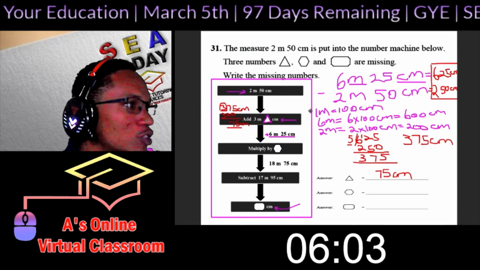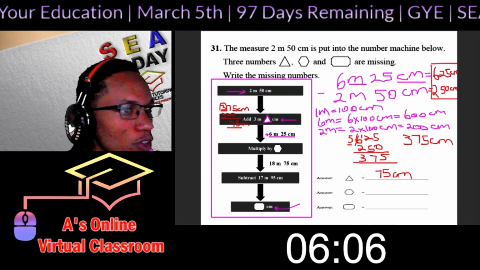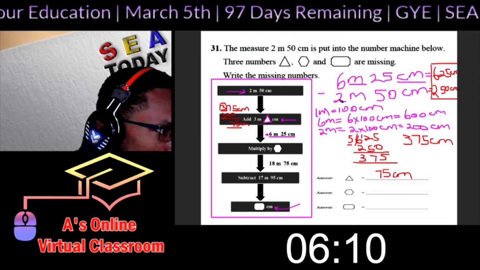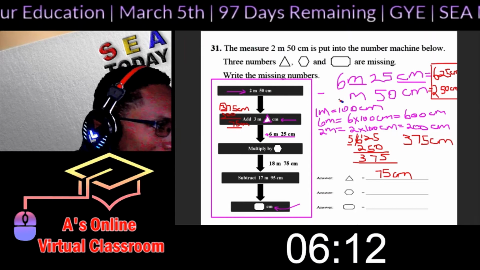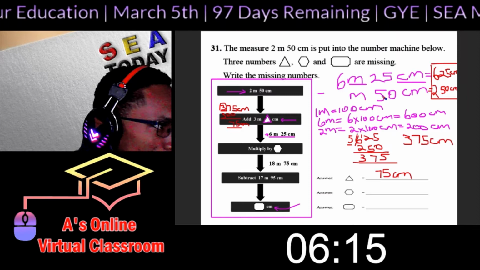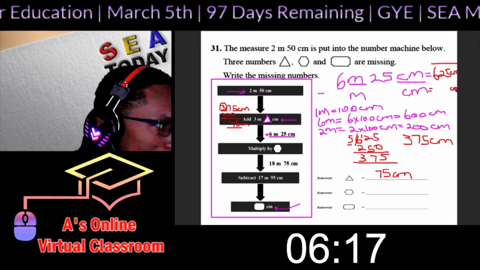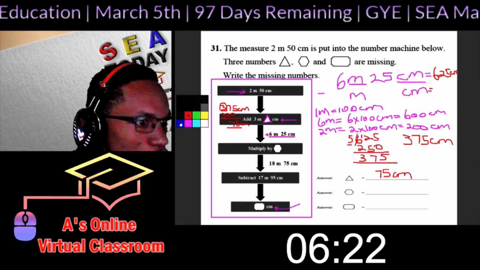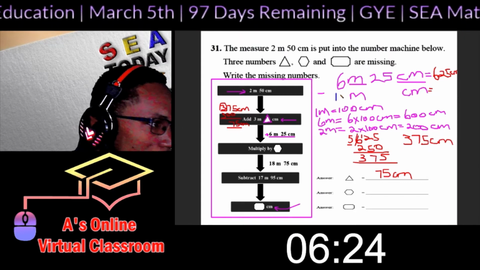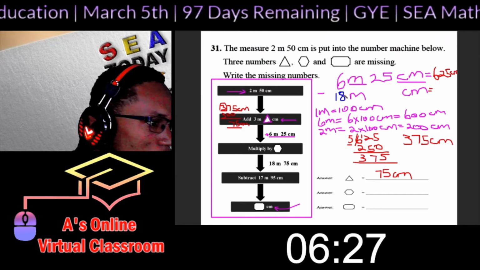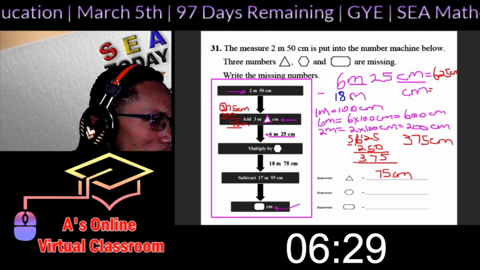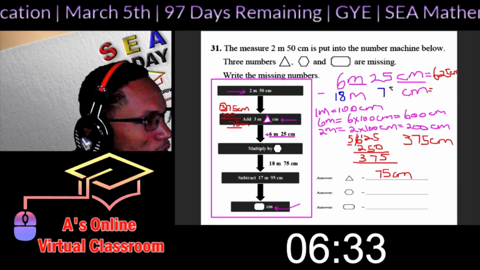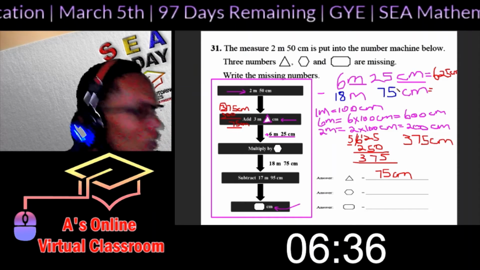And I actually don't have space, so I'm going to erase a little bit. So we keep in the 625 and we want to change this one here. So the other number is 18 meters 75 centimeters, right?